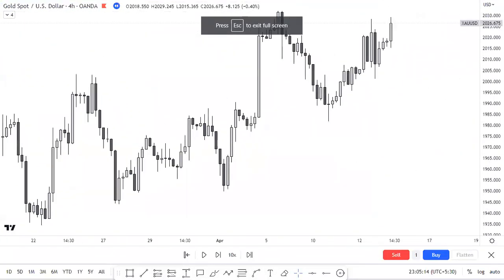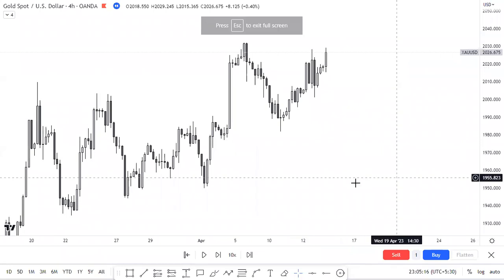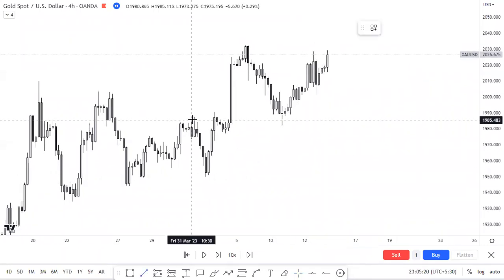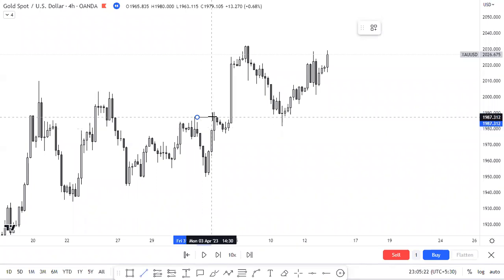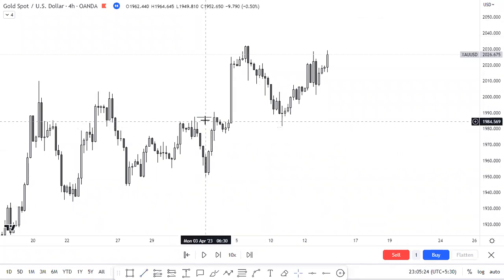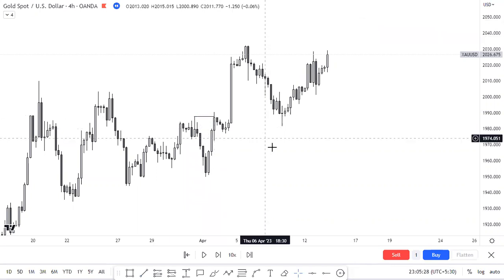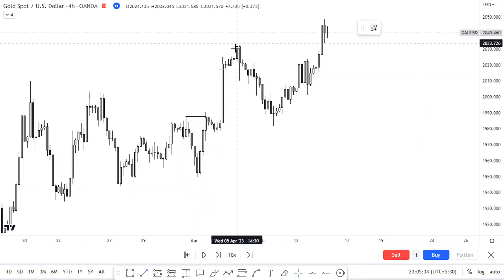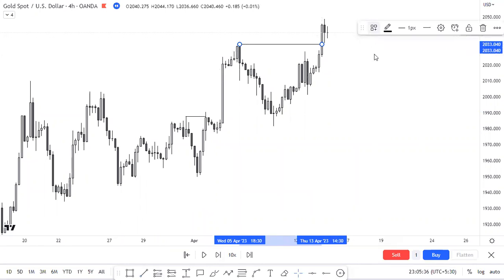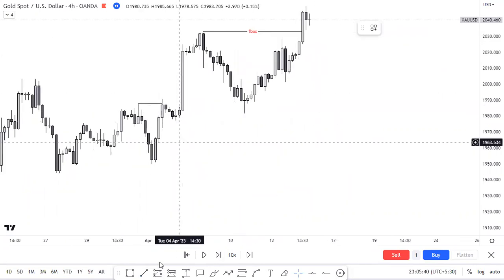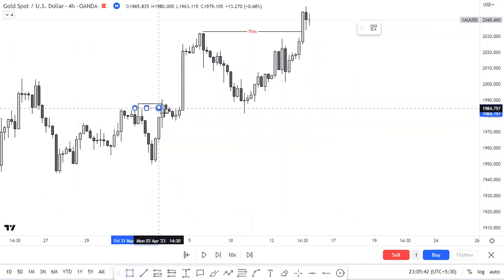So look at this. Why is this one also a false breakout structure? This one is also a breakout structure, and this one also a false breakout structure, because look at what happens here. This is a demand, and it got a supply failure.